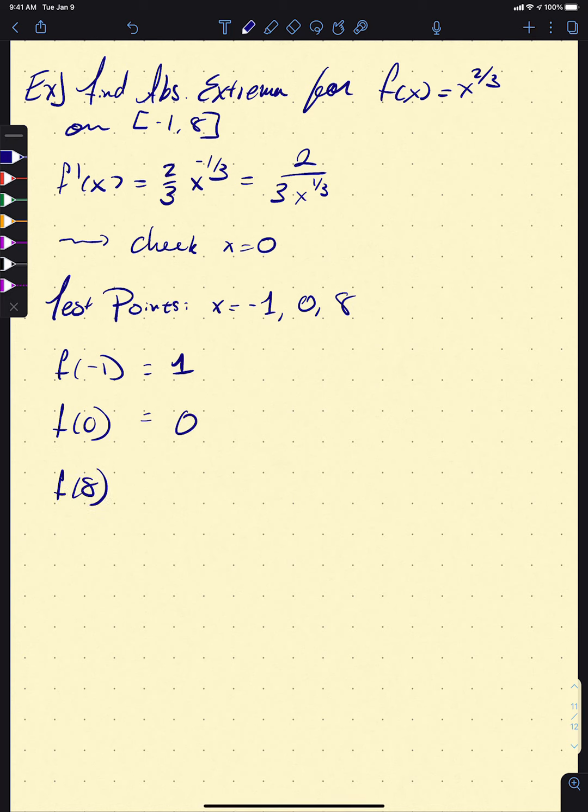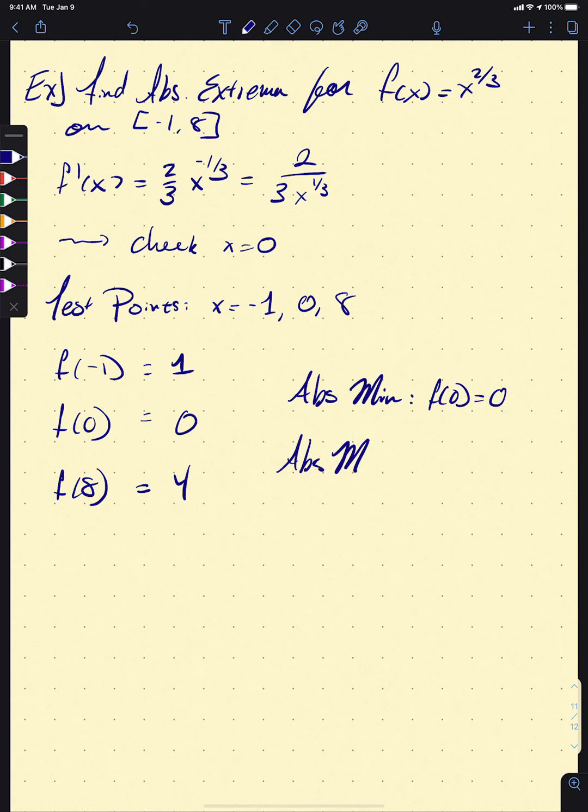And then f of 8, well, I could square it and then take the cube root, or I could take the cube root and get 2, and then square it to get 4. And then from here, once again, it's very easy to read off our absolute minimum is f of 0 equals 0, and our absolute maximum is f of 8 equals 4.